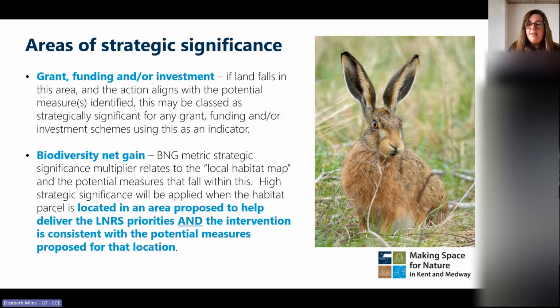So this is something that has been embedded into the metric and therefore high strategic significance will be applied when the habitat parcel is located in an area proposed to help deliver the LNRS priorities, so an area of strategic significance, and the intervention is consistent with the potential measures that are proposed for that location. And I'll show you how you will identify that on the map in a second.